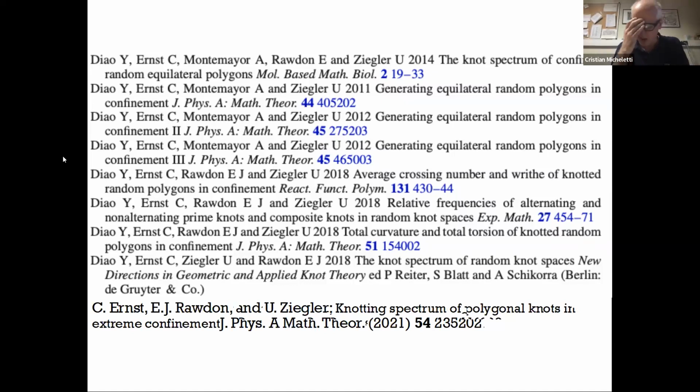But what I wanted to ask you is about your interesting results about the unknot probability in spherical confinement. So there are results, maybe we discussed this before, I don't remember.